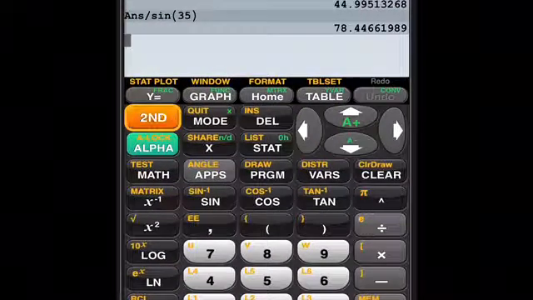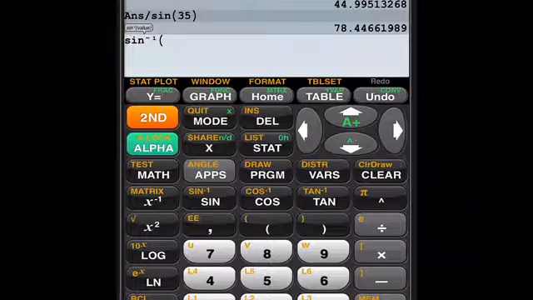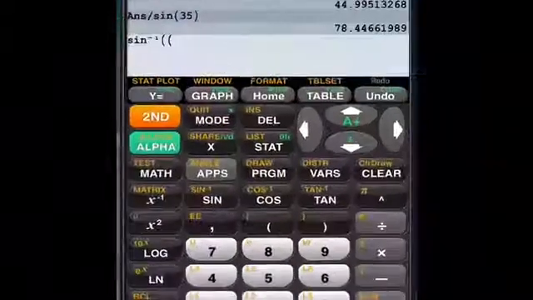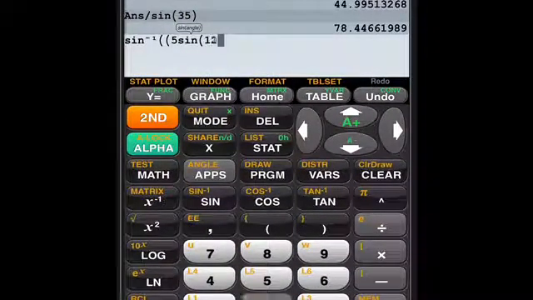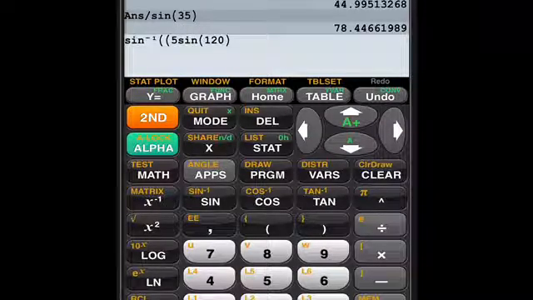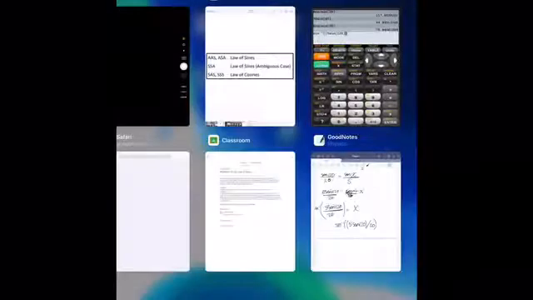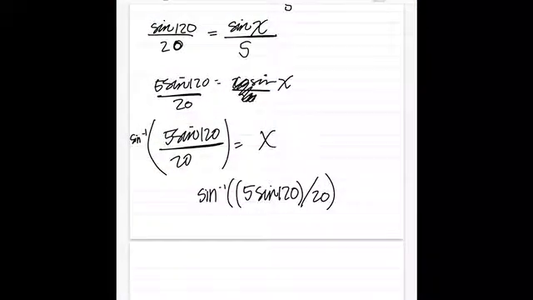Let's do this in the calculator. Watch the buttons I push. Second sine, that's how you get the inverse sine. Then 5 sine of 120. Did you notice that in the equation, after I did inverse sine, I put regular sine? Because that's what I have here. This is regular sine, not inverse sine.